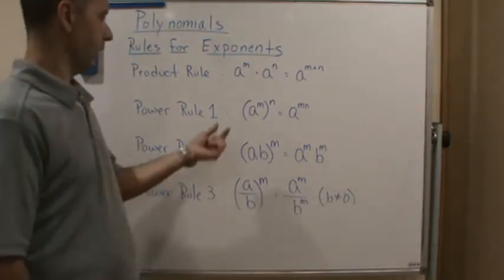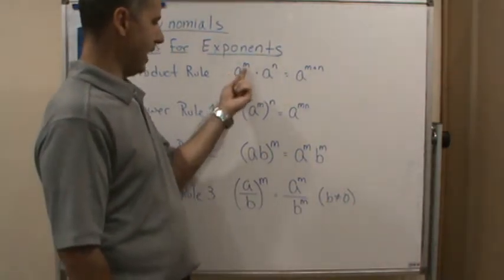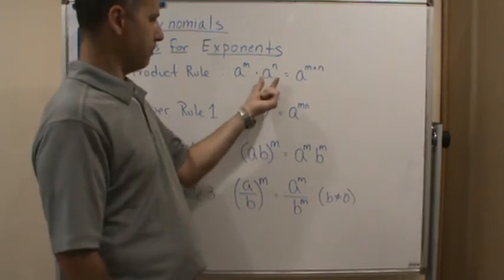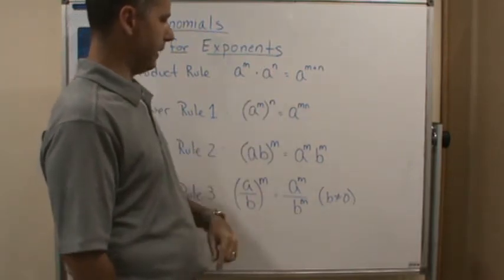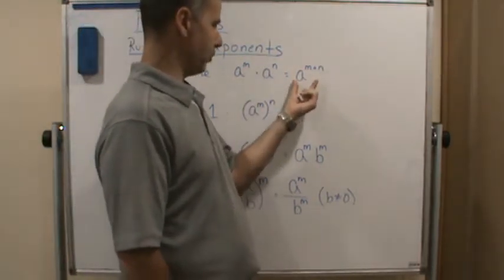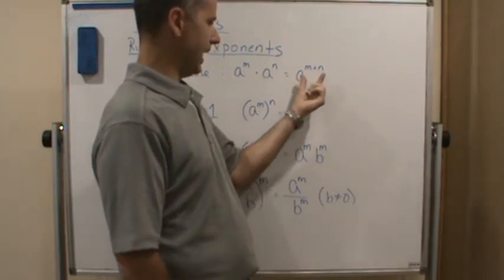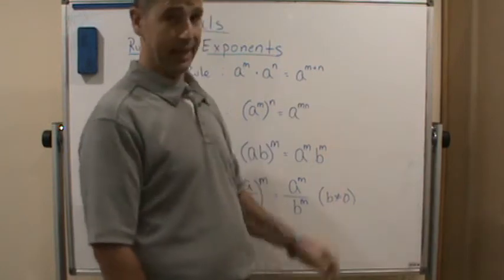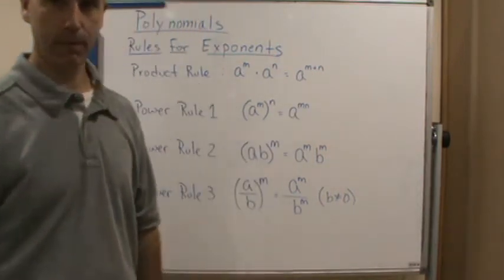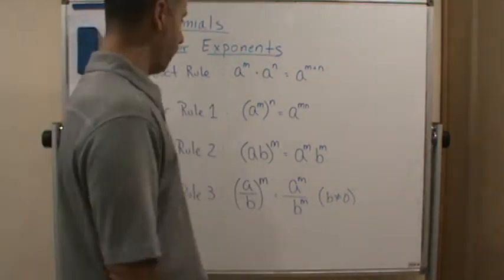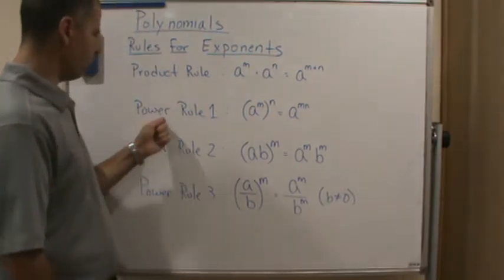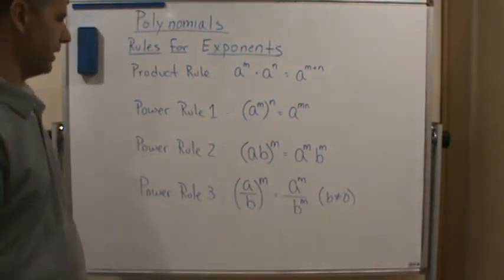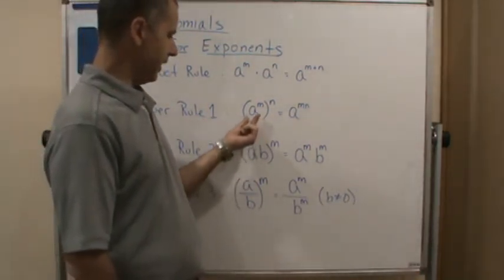Now if we take a to the m power and multiply that by a to the n power, that's equal to taking a and adding the exponents and raising a to the sum of those exponents.